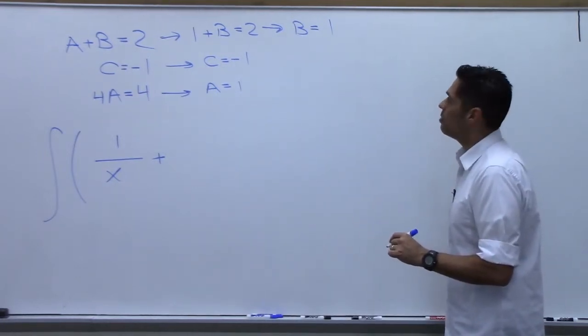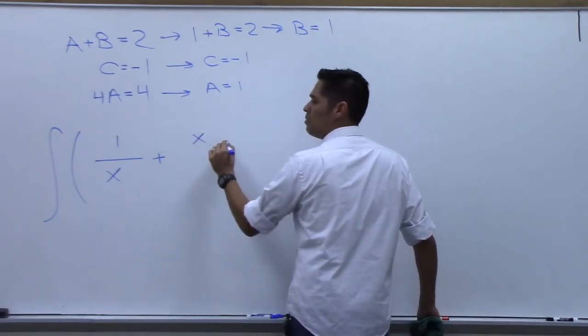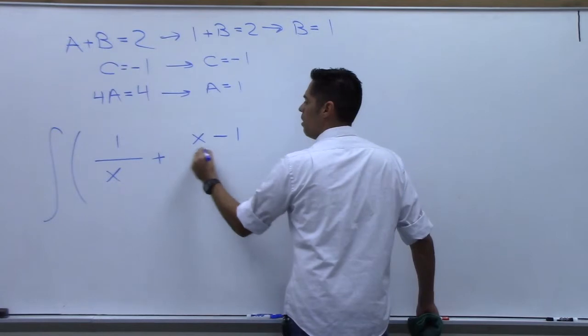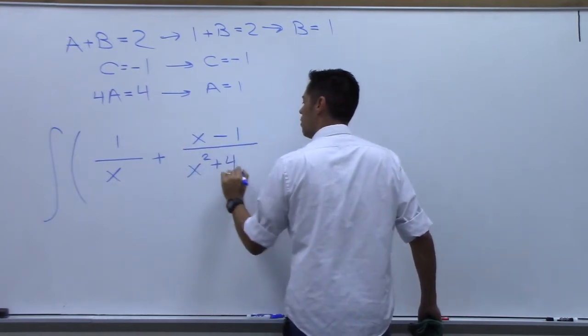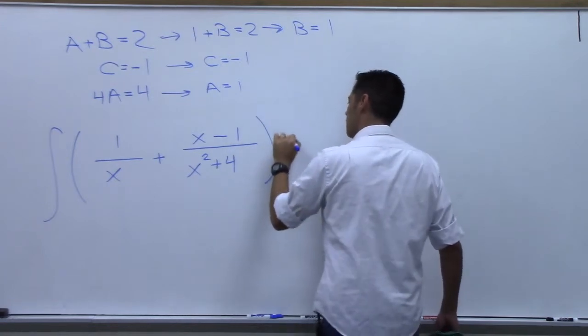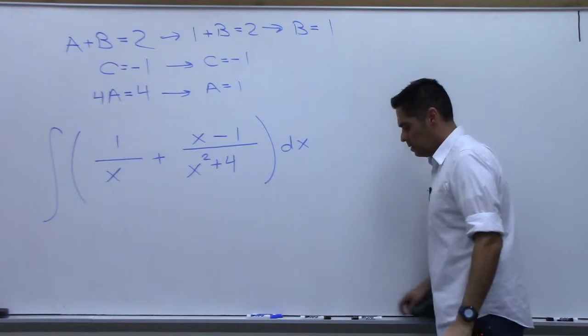So b is 1. So 1x plus c, c was -1 over the irreducible quadratic like this, dx.